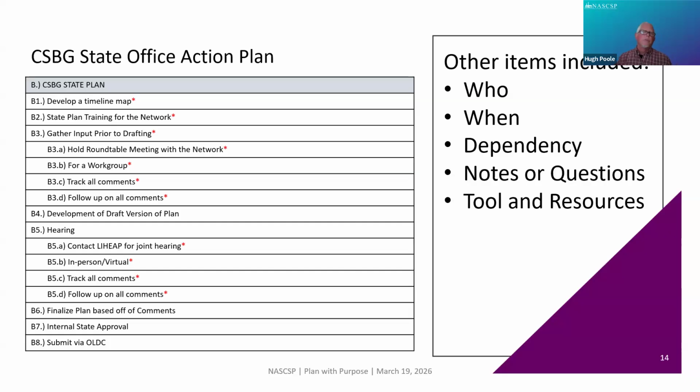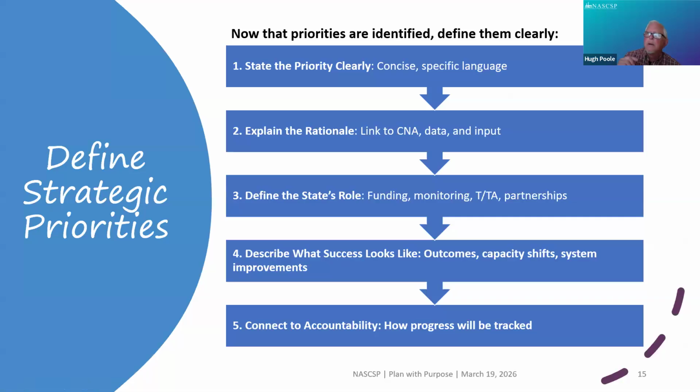All right, so now we're getting into that part of the plan where we're defining our strategic priorities that Lauren had talked about earlier in the presentation. Those include things like CNA findings, performance trends that you might want to be looking at, any administrative and administration context that they may be feeding you, legislative direction, and naturally, of course, any stakeholder input that you're getting.